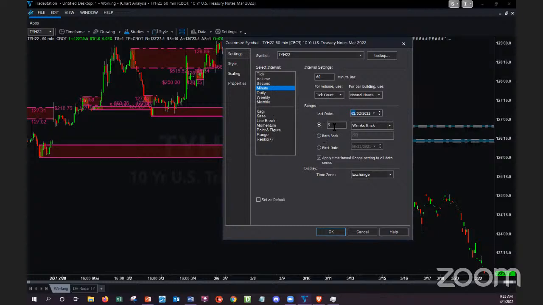And I'm going to go back, let's go back 9 days. And we're going to go to a 3-minute chart. And it's like 9 days. Every time you change this up here, something changes down here and you have to go in and look at it.